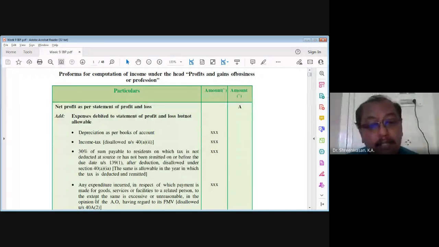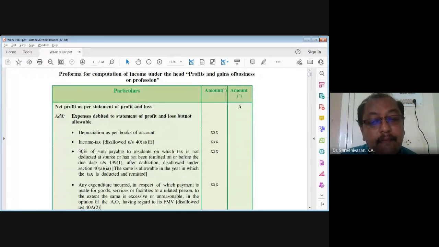Then the amount disallowed under section 40A: 30% of the sum payable to a resident on which tax has not been deducted at source or has not been remitted on or before the due date under section 139(1) of the Income Tax Act.